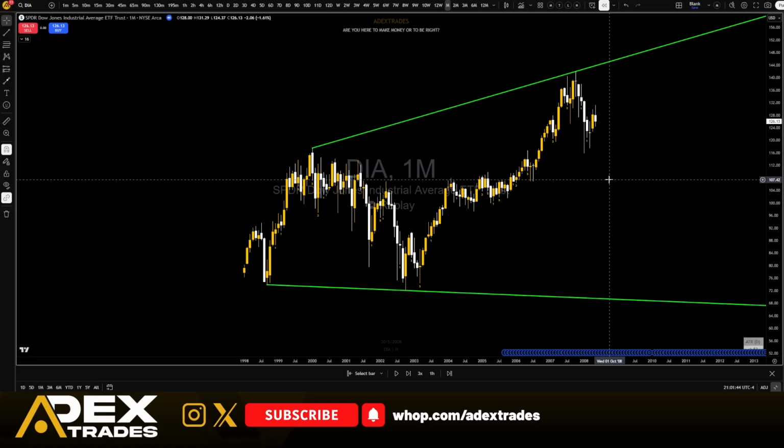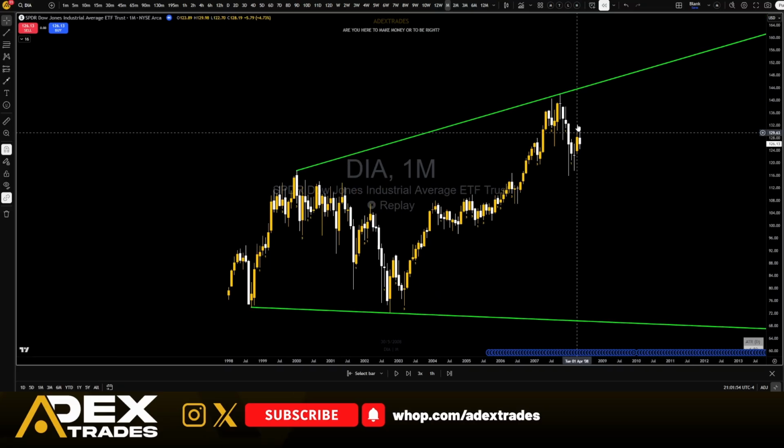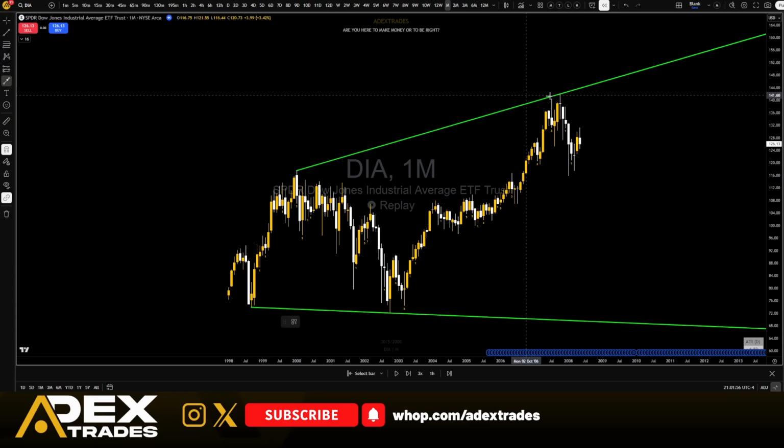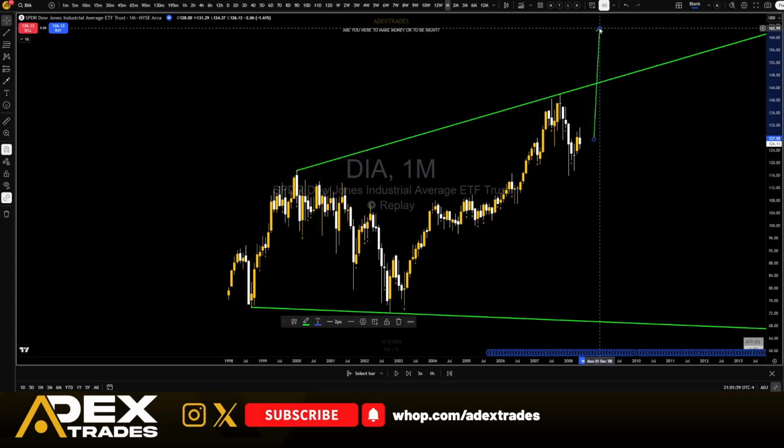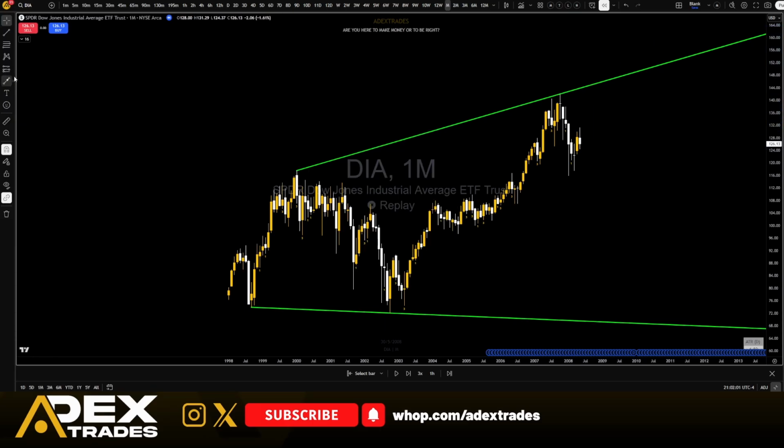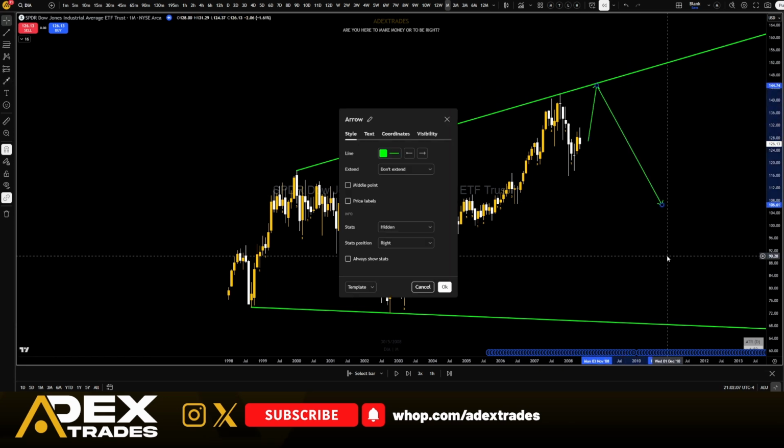Same thing for broadenings. If you're approaching a yearly broadening formation, you expect a big move from this point. You're either going to break through it with a big expansive candle to the upside, or if price goes to this broadening formation, you can have a large rejection and it comes right back down.